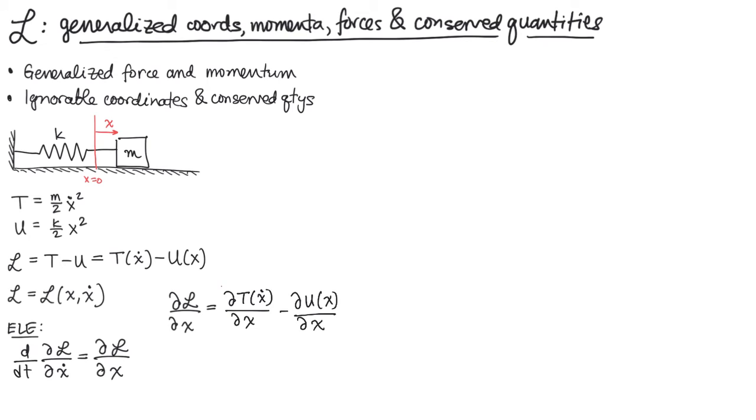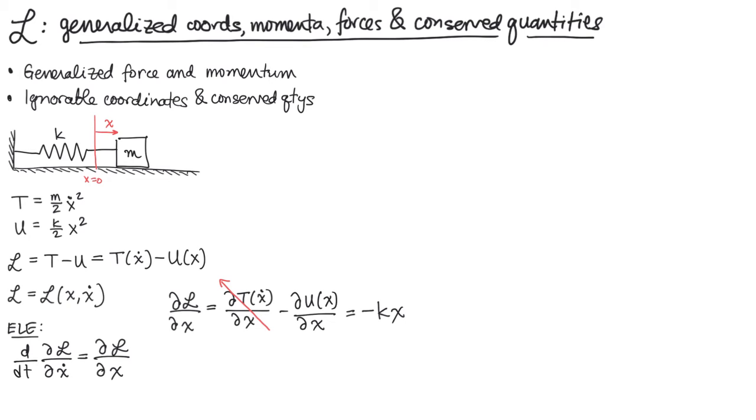Since the kinetic energy does not have explicit position dependence, the partial with respect to position will be 0. So the partial of the Lagrangian with respect to position is given by minus dU/dx. That is like a force. In this example, dU/dx gives me kx, so the actual value for this problem is minus kx, which is the spring force.